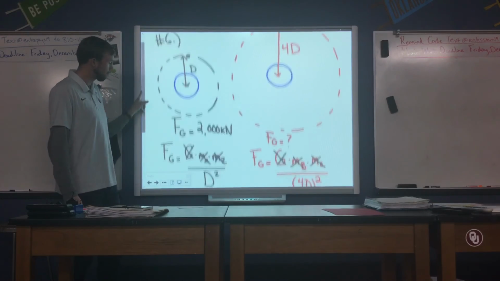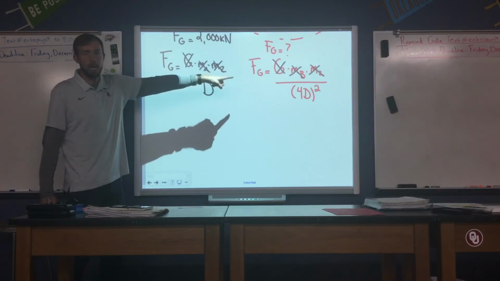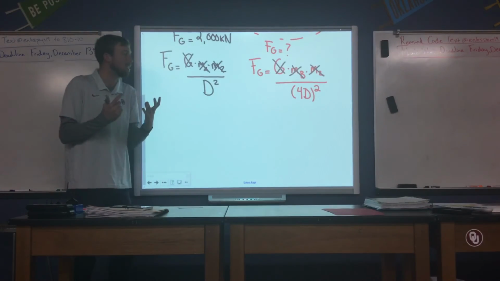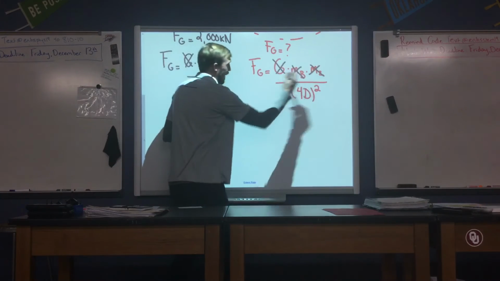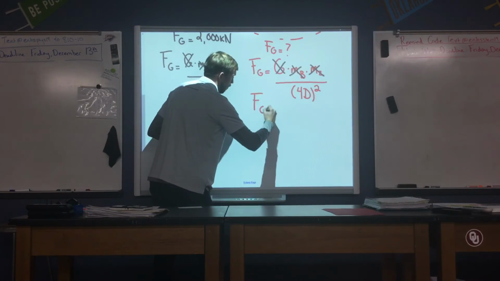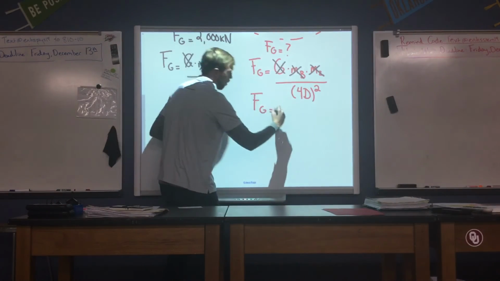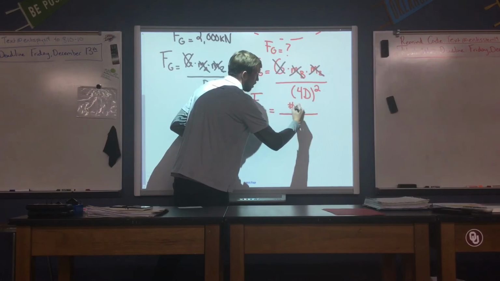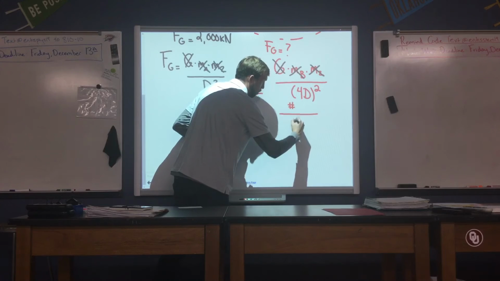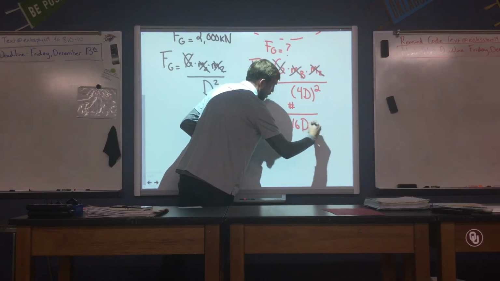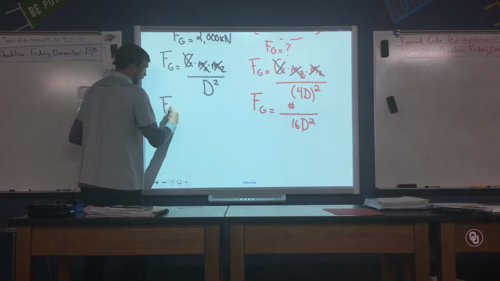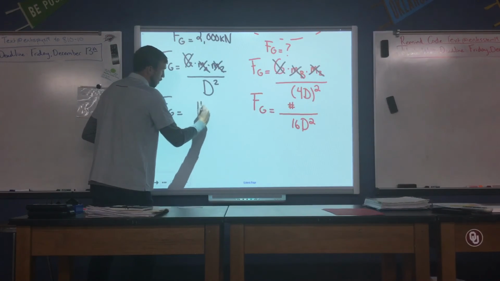Here's what we can do. If I look at my equation in red, 4D squared, if I square that whole thing, I have to square both values, the 4 and the D. So here, my force of gravity would be all of this numerator, which we'll say is just going to be some number. We don't really know what that number is. Over, well, 4 squared is 16, and D squared would just be D squared. Now my force of gravity on satellite A is, again, some number in the numerator.